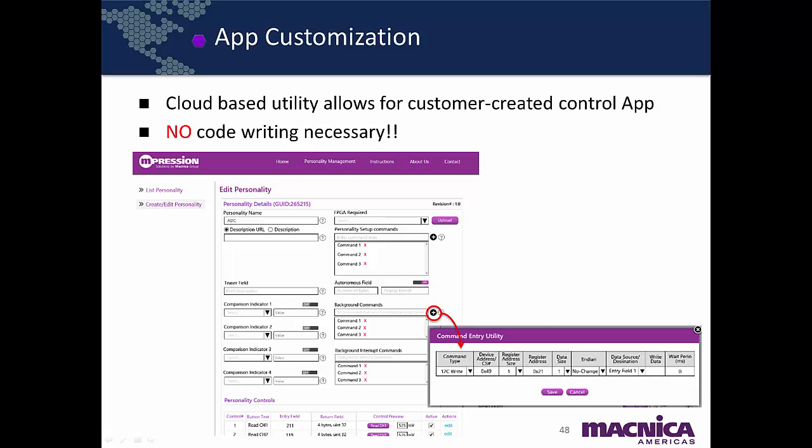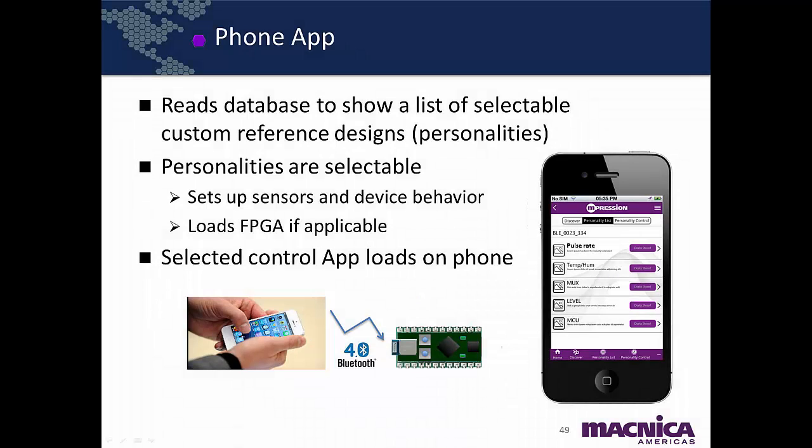The app is built upon a framework that allows the user to choose a personality for the BLE device based on the available sensors. Once a personality is selected, the sensors are configured and the FPGA is loaded, if applicable, and the appropriate control app is then loaded onto the smartphone.